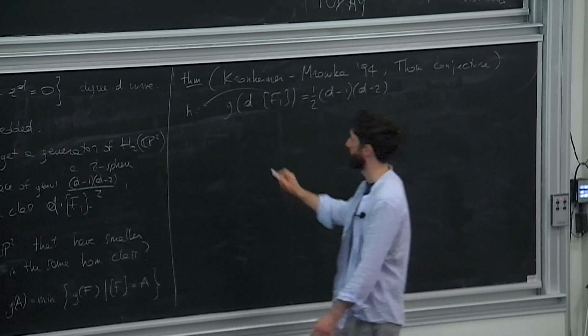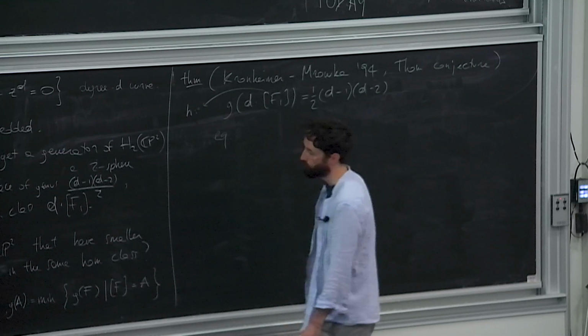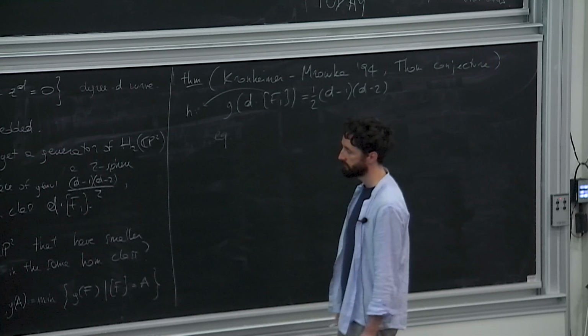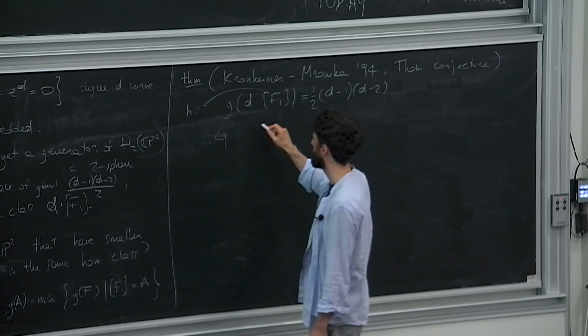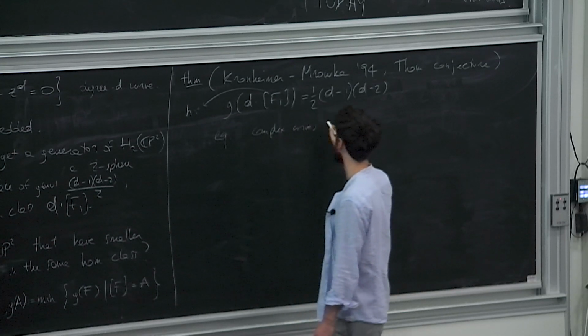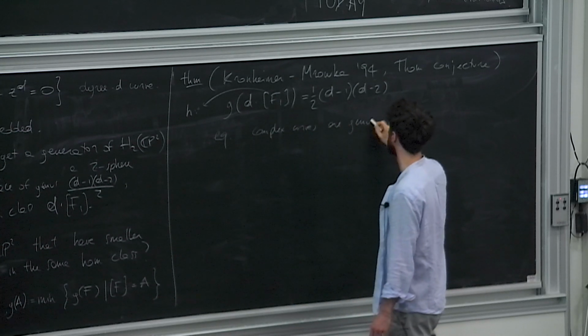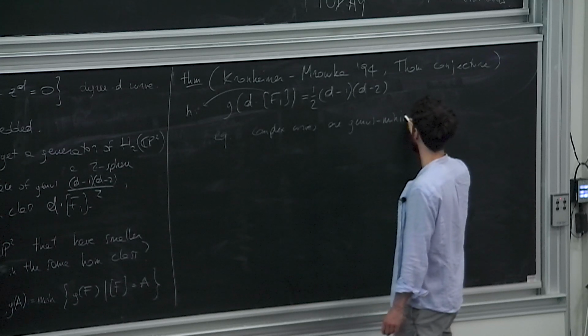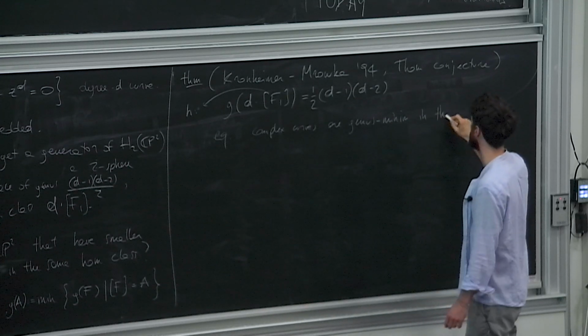Or equivalently, maybe a more poetic way of phrasing it is that complex curves are genus minimizing in their homology class.